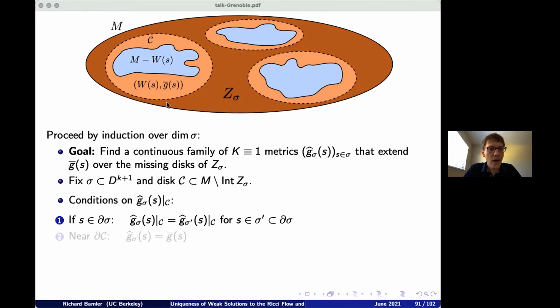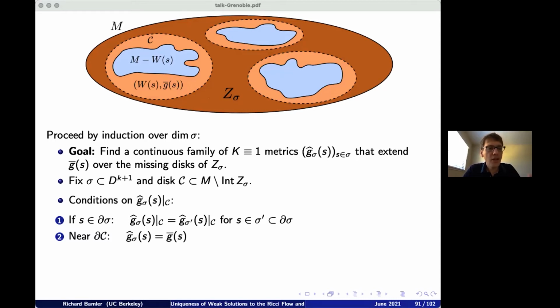And then I also want G hat S to extend smoothly to the metric G bar on Z sigma. Okay, so I want this to be true near G hat.